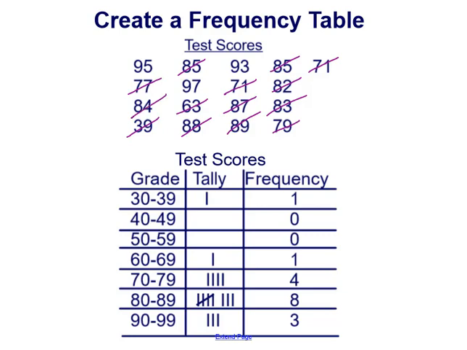Those are all in that interval of 80 to 89. And then we have 3 data values from 90 to 99: 95, 93, and 97. So you can see here is our frequency table. We have that interval for the grades. We have the tallies of how many data points were in that interval, and then we've written it out as our final frequency on the right.